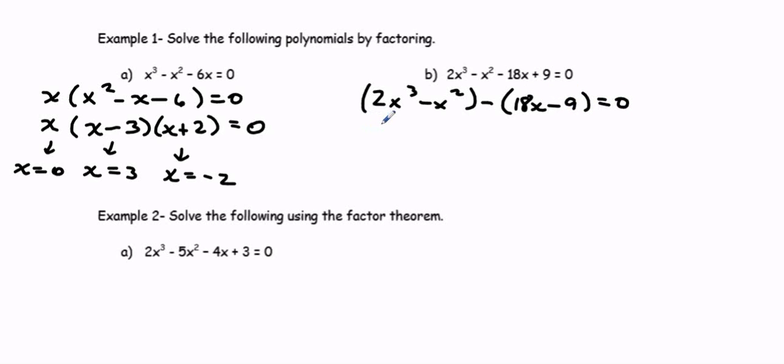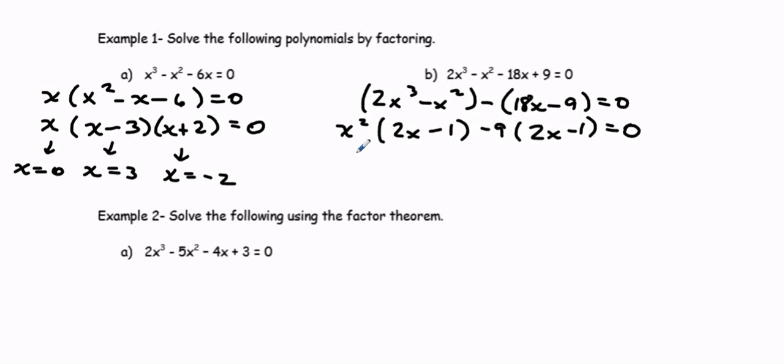All right, now I'm going to factor what's inside, find the common factor. I can see that x squared is common, so I'm going to pull that out. I'm left with 2x minus 1. And over here, 9 is common, so I'm going to pull out that 9. And I'm left with 2x minus 1 equals 0.